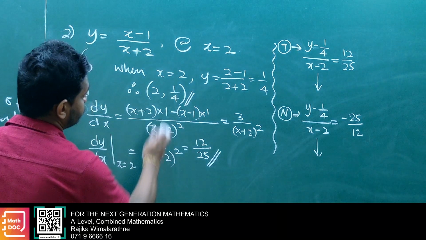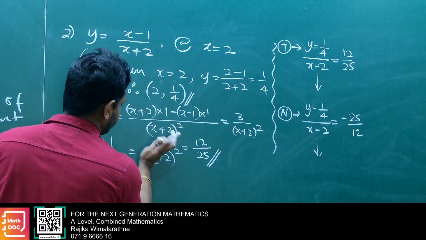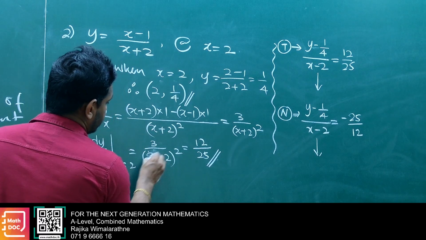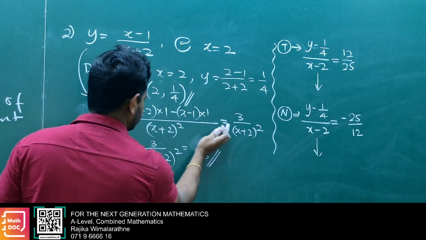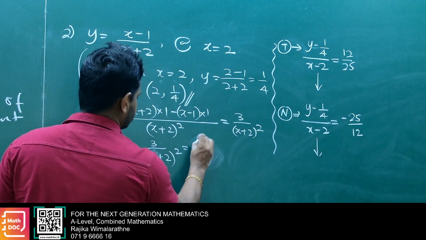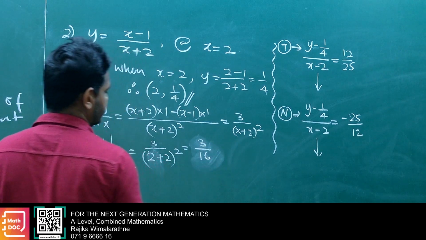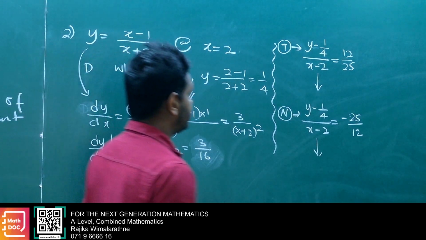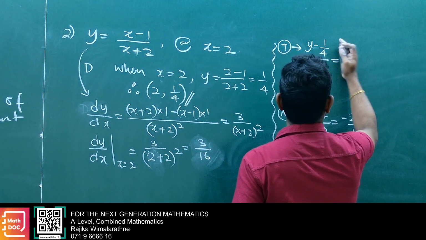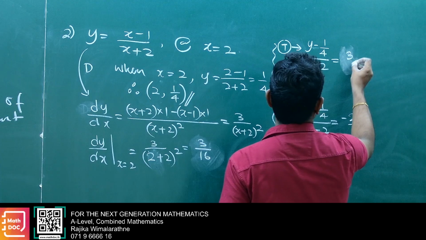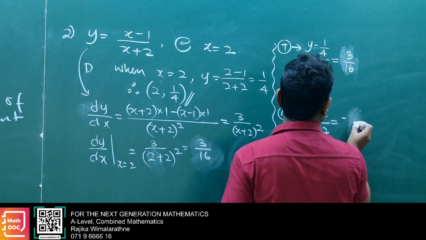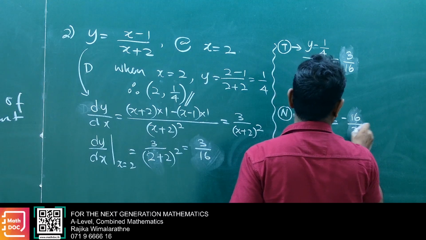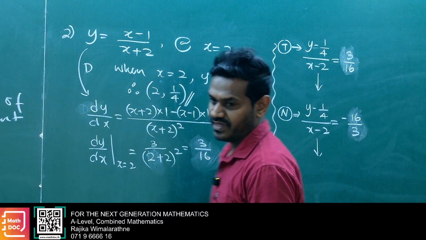X equals 2 here, no? X equals 2, 3 divided by 16, no? 3 divided by 16. Then here 3 divided by 16. Then minus 16 divided by 3. Minus 16 divided by 3.